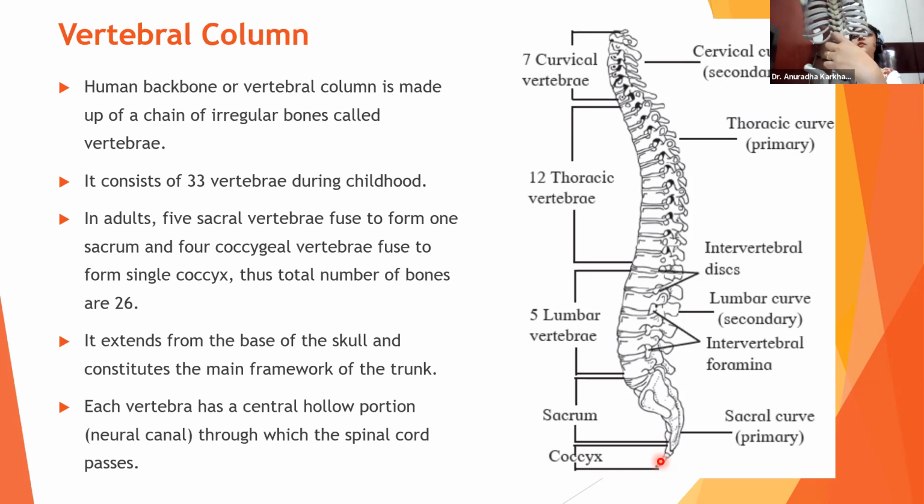Let me hold him like this. So see, just above the sacrum you can see 1, 2, 3, 4, 5. Can you see 5? Right? So 1, 2, 3, 4, 5. These 5 are going to be your lumbar vertebrae. Then you have this 1 sacrum and 1 coccyx.